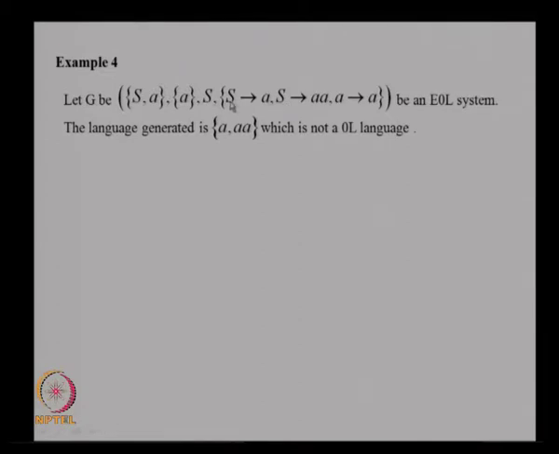Now, S will not be in the language, the axiom will not be in the language because it is not in the target alphabet, but A and A A will be in the language, and so this is an extended 0L language. You see that earlier we saw that this is not a 0L language, but it is an E0L language.